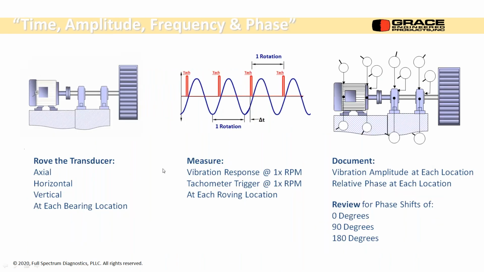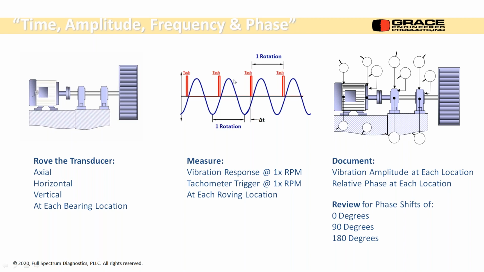How's it done? Real rough idea of how it's done. We rove the transducer. We have a piece of reflective tape on the shaft somewhere that's giving me a position reference. That tach is hooked up, and I look at the transducer output and the tach output on the same scale, and I can see that every time it rotates into view of that reflective tape, I get a pulse.